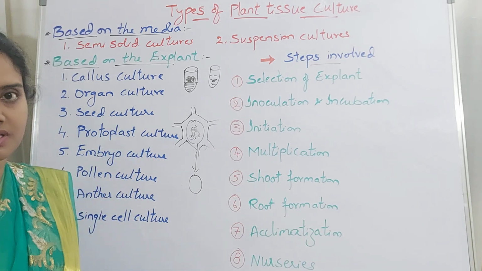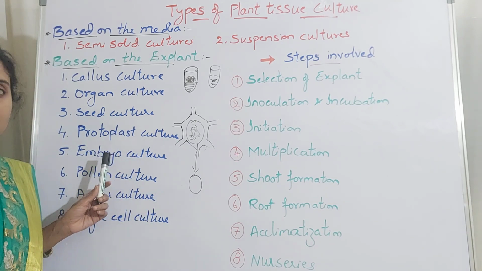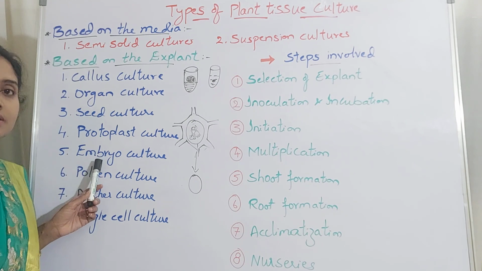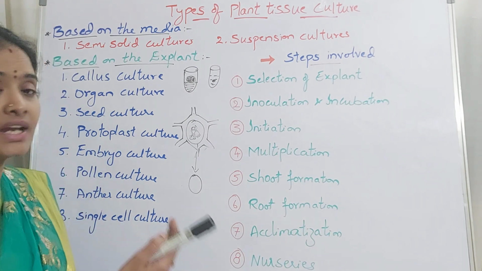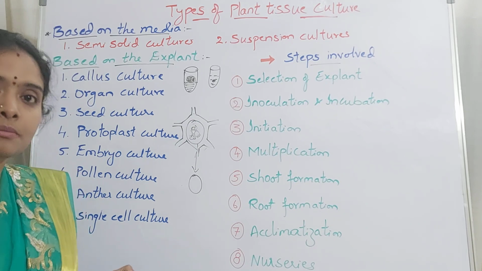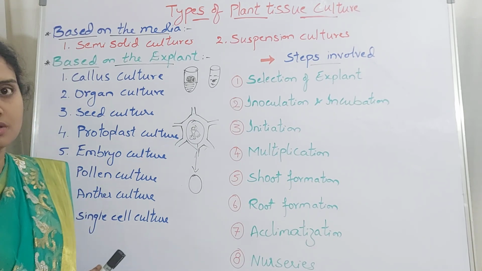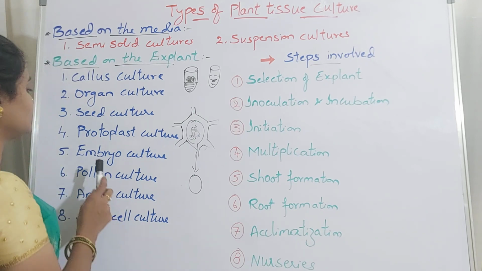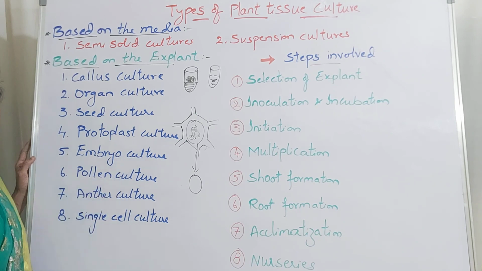Then next is embryo culture. Here it can be a mature embryo which you take from the fertilized seed, or otherwise an immature embryo from a seed which fails to germinate. These explants can be taken to produce a plantlet. This is referred to as embryo culture.